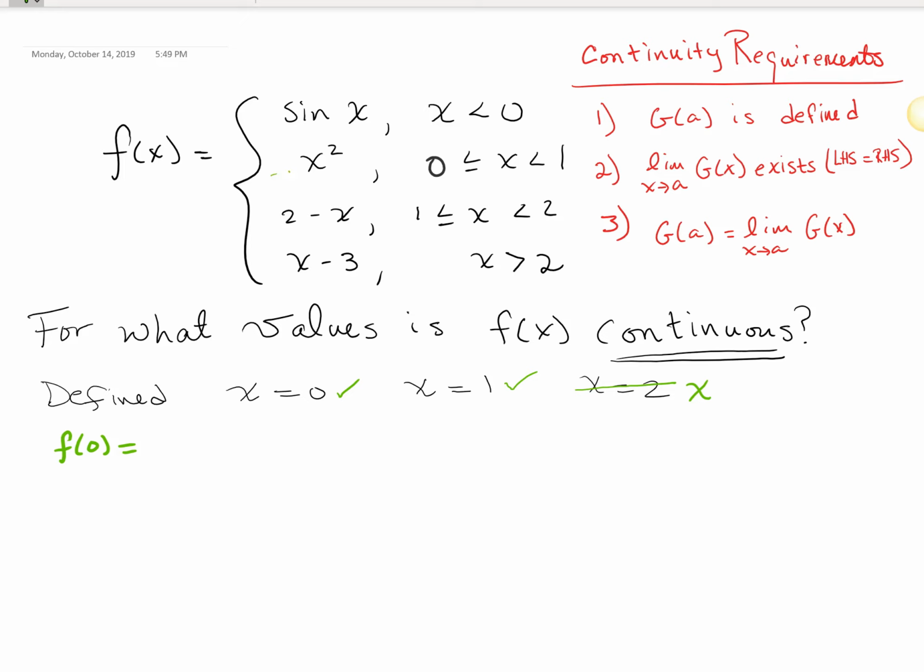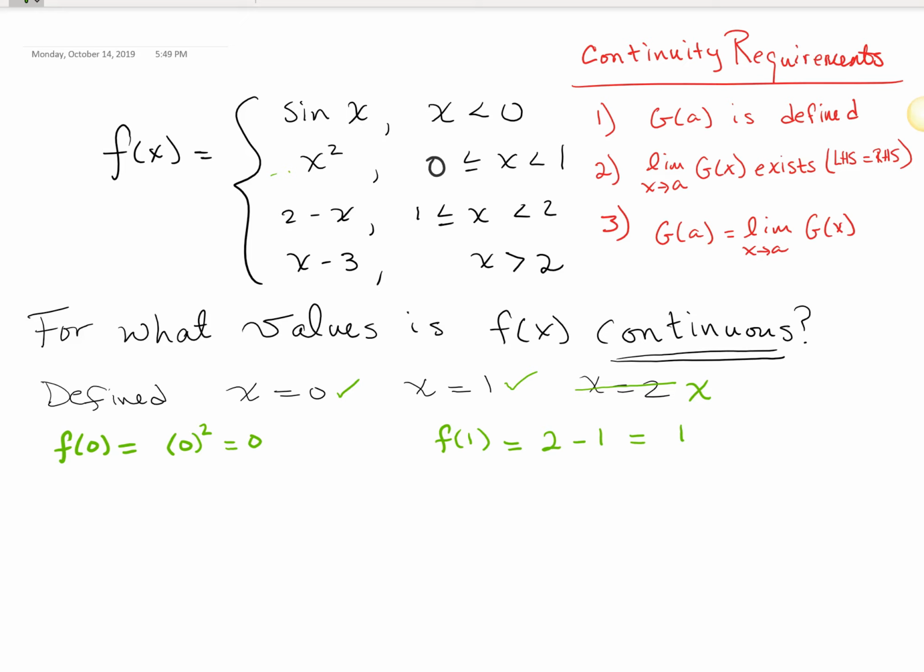So that's going to be 0 squared, and that's just 0. And then we can check f of 1. To check f of 1, we plug it in right here because that's where that is defined. So 2 minus 1 is just 1. So there we have that.